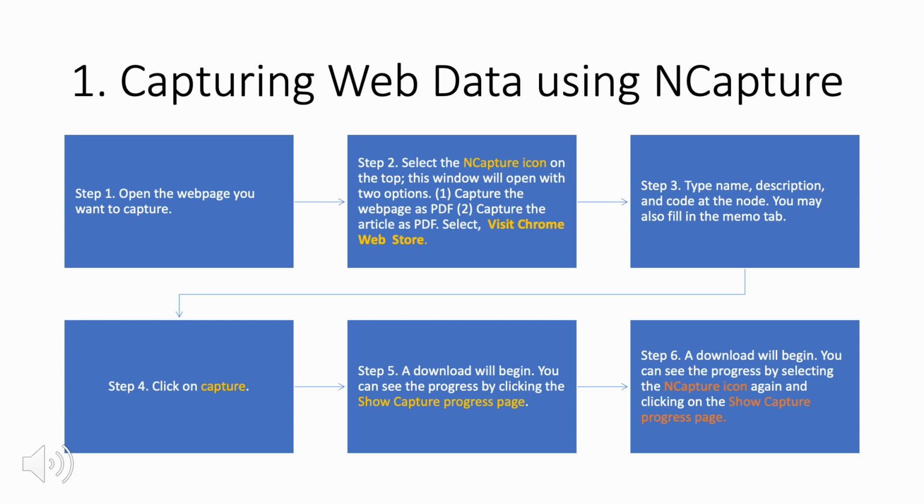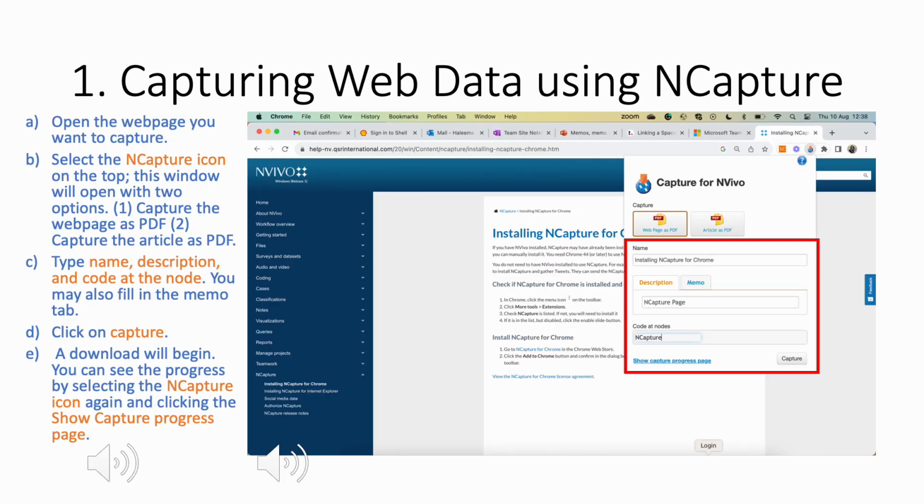So let's try it together now. Open Google Chrome and also open the web page which you want to capture. In this case, I have opened this NVivo page which I want to download.